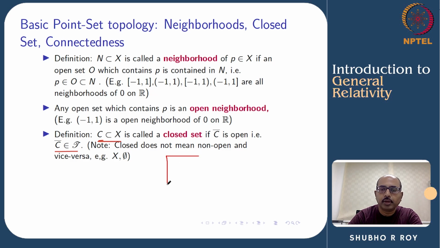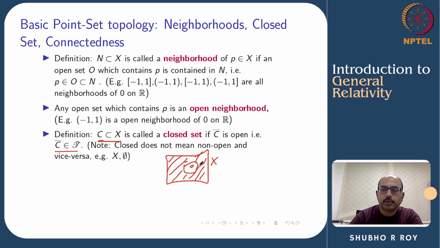Okay, let me just draw a picture to drive the point home. X is a topological space, and let's say we have some open set, call that O. Then whatever is the complement of this is called the closed set. The complement of an open set is a closed set.